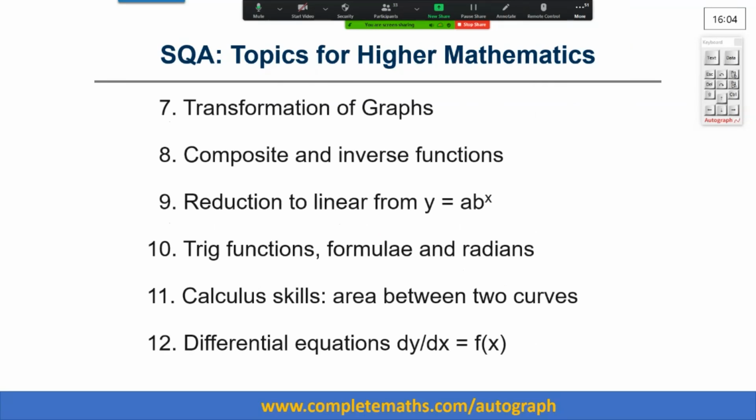So we've got transformations of graphs, composite and inverse functions, reduction to linear form, trig functions, various calculus skills like area between 2 curves, and a simple introduction to differential equations.